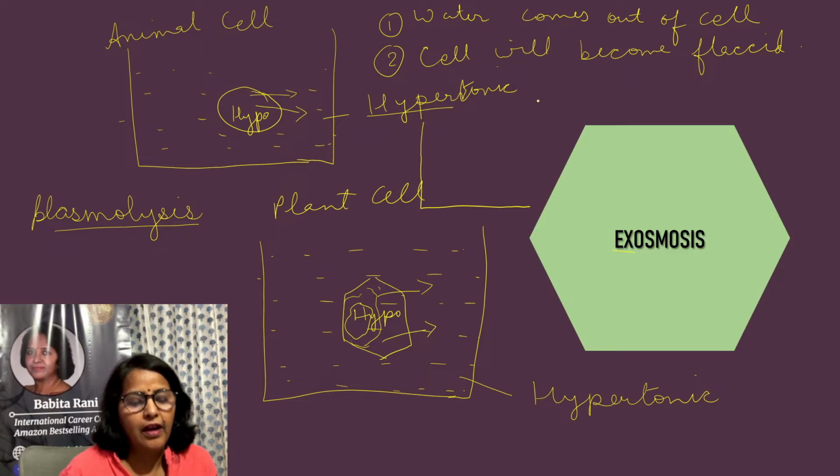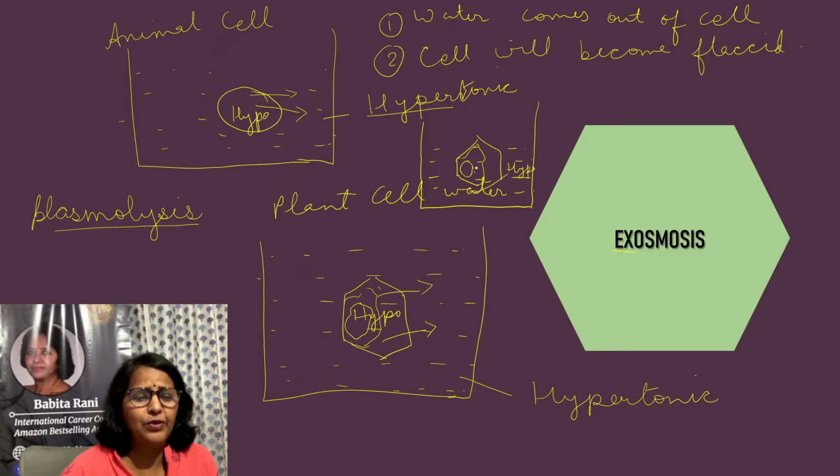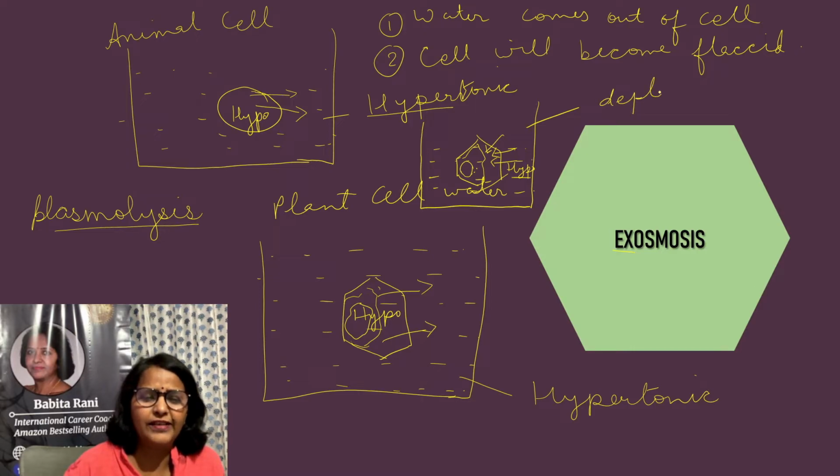If the deplasmolyzed cell is placed in water, what will happen? This solution will now become hypotonic with respect to this, and water will move inside the cell, and this will become deplasmolyzed.